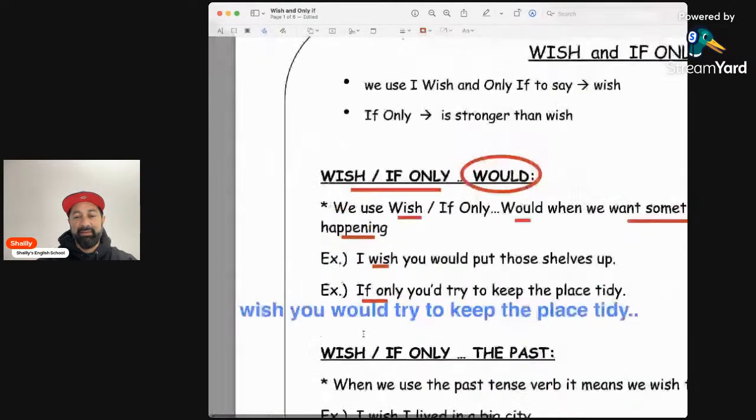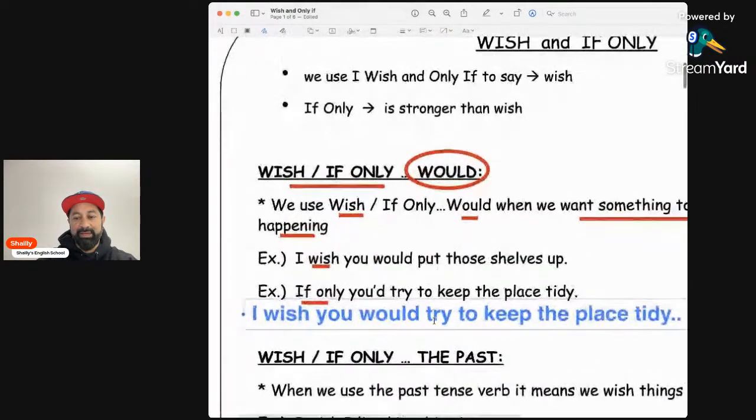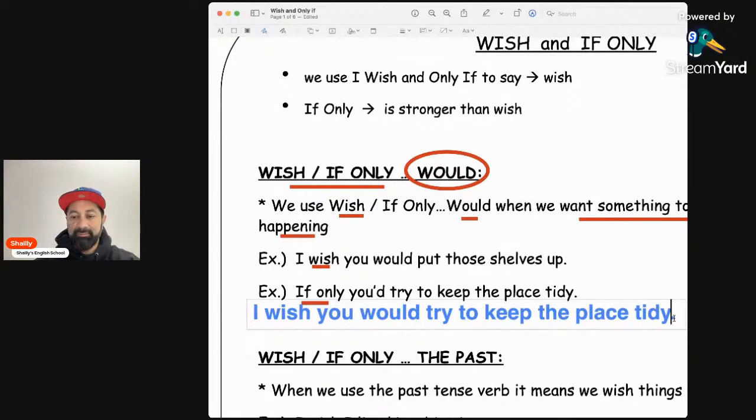What do you think that means? This means the room, the house, is not tidy. It's not neat. So you wish the person would keep the house clean, keep the house neat, keep the house tidy. That's what you are wishing. You wish that will happen.